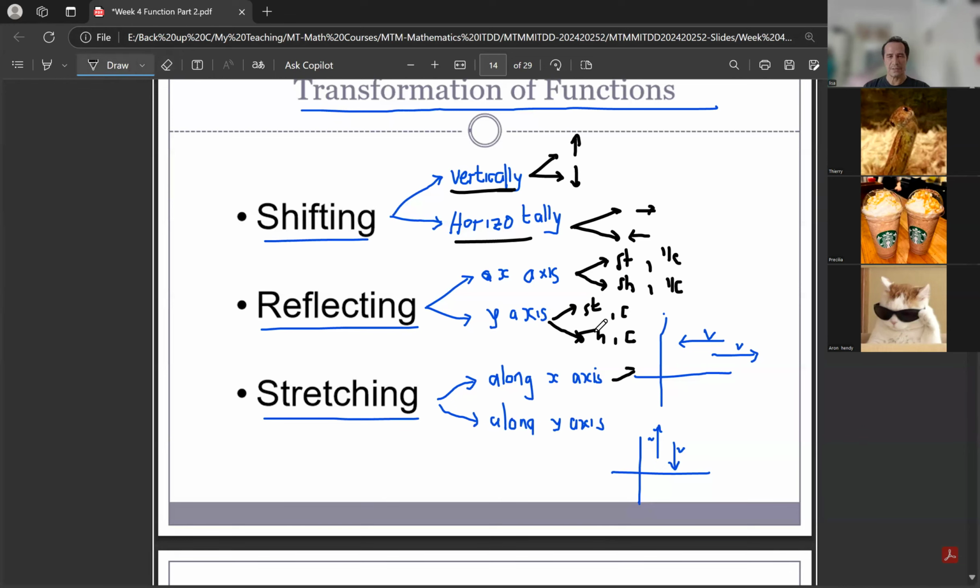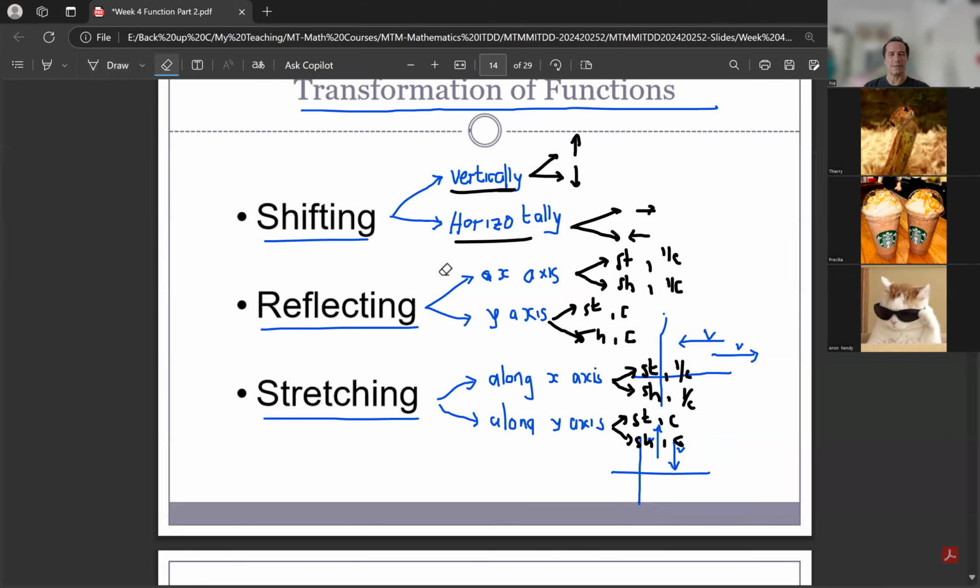This is stretching and shrinking, and the factor is 1/c. In this, the factor is 1/c also. And along the y-axis, we will have stretching and shrinking, and the factor is c.